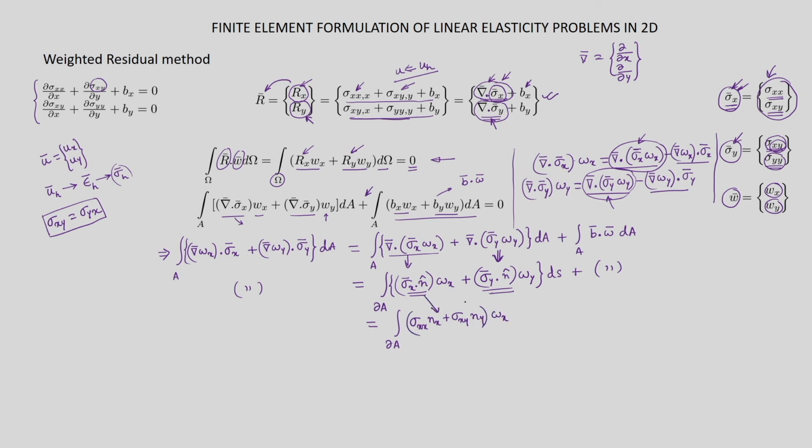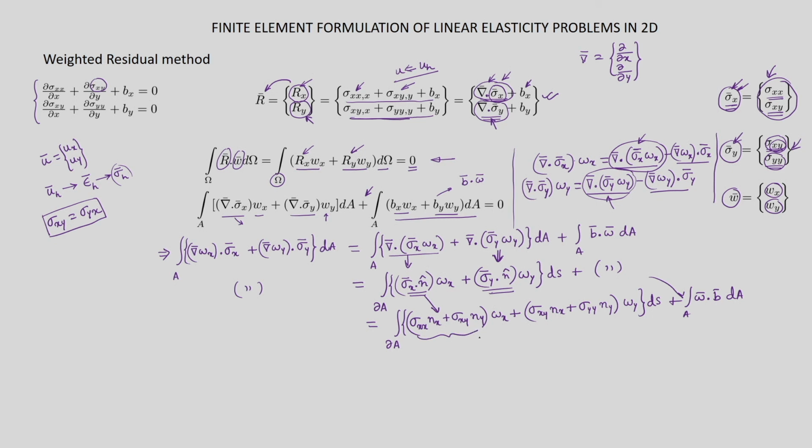The second one, sigma y bar comprises sigma xy and sigma yy, dot n, so we write sigma xy into nx plus sigma yy into ny, into wy. These are integrated over the boundary. And the last term remains as it is, that is w dot b integrated over dA.